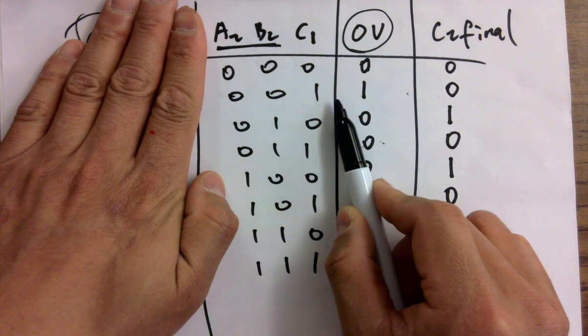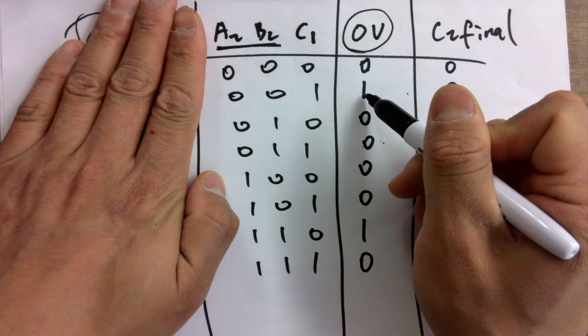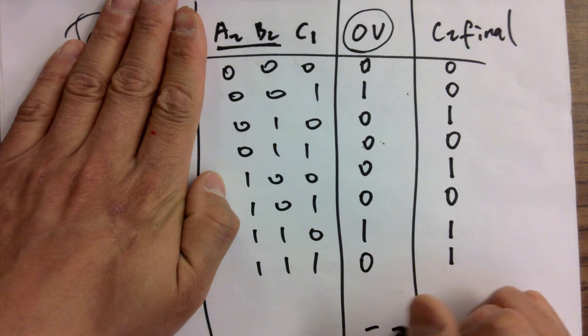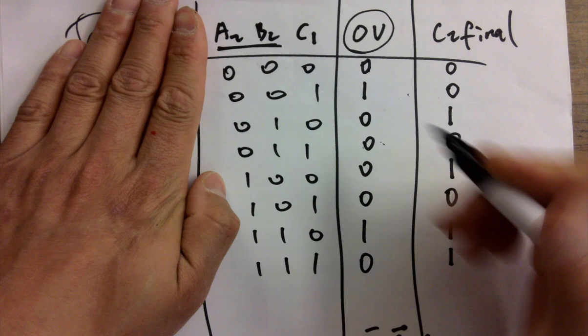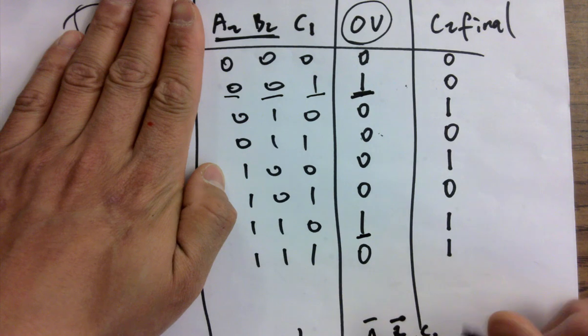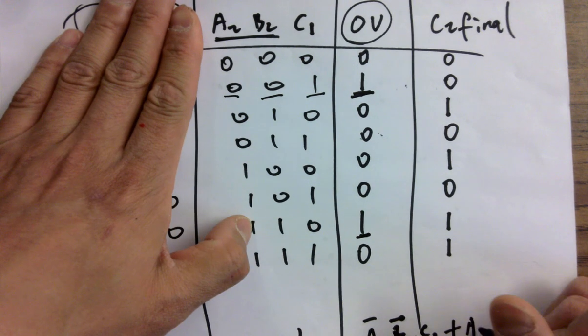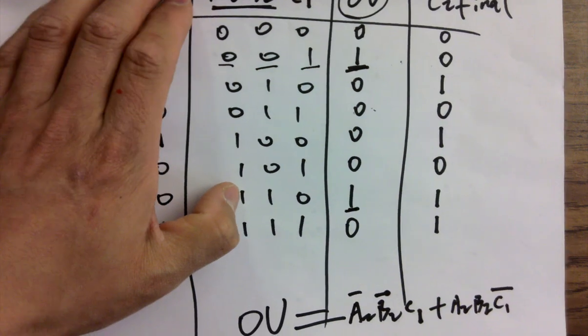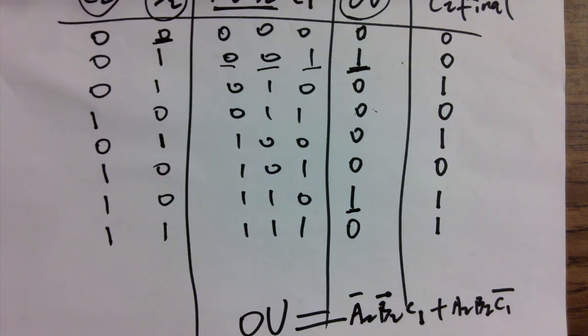So if we look at these 3 inputs, what we are getting here is A2 not, B2 not, C1 for this guy. So A2 not, B2 not, C1. And you got another one here, which is another SOP, A2, B2, C1 not. So when you model this with Verilog, it doesn't seem to be very difficult, since you definitely have A2, B2.